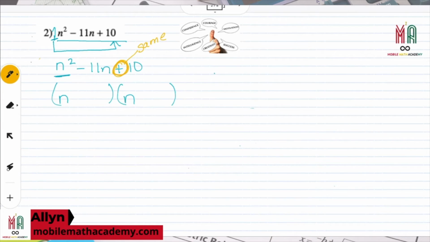If they're both the same and this sign is minus, then I know both of my signs are going to be a minus. If this is a positive, that tells me my signs are going to be the same because that's the result of multiplication. This is always going to tell me the sign of my biggest number, but if my signs are the same in front of the 10, then I know that my signs are going to be minus, right?